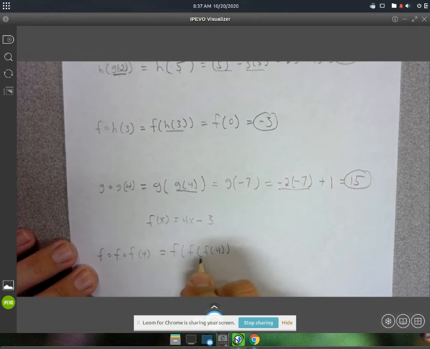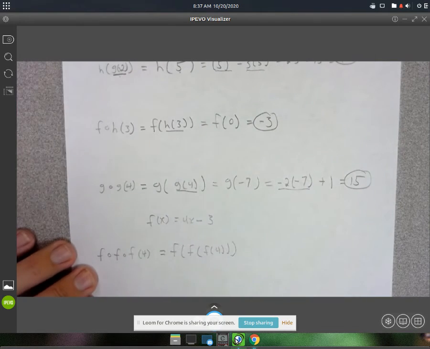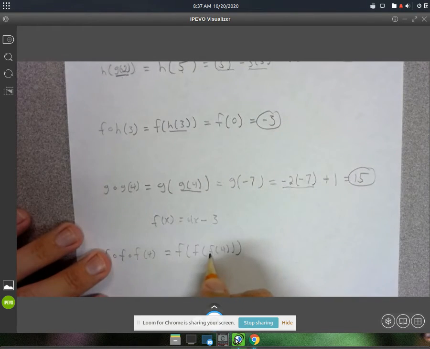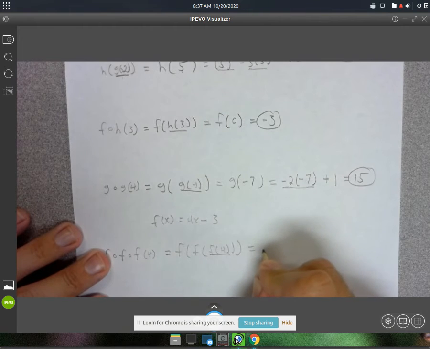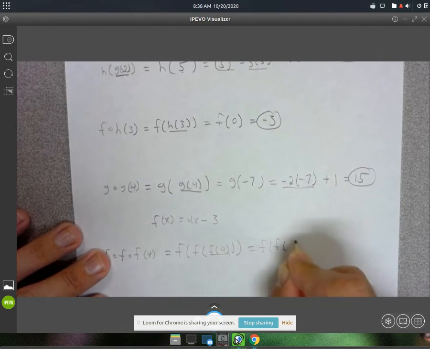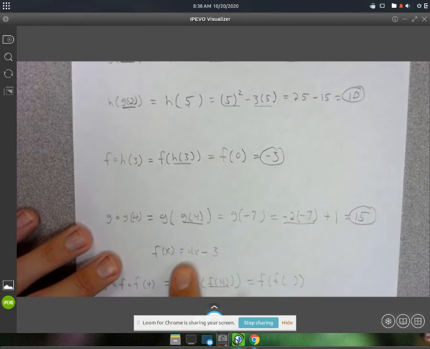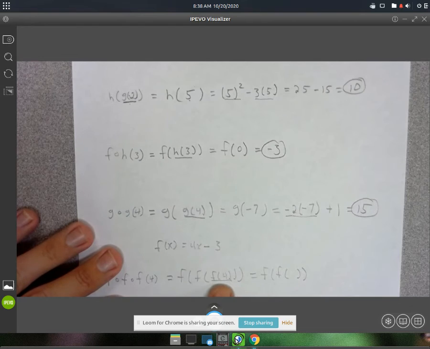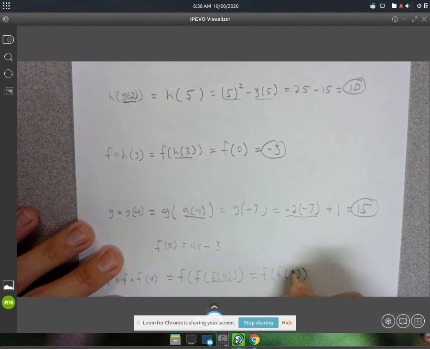Three parentheses on the outside. So we've got to find f of 4 first. f of 4 is 4 times 4, that's 16, and then 16 minus 3, so that would be 13.